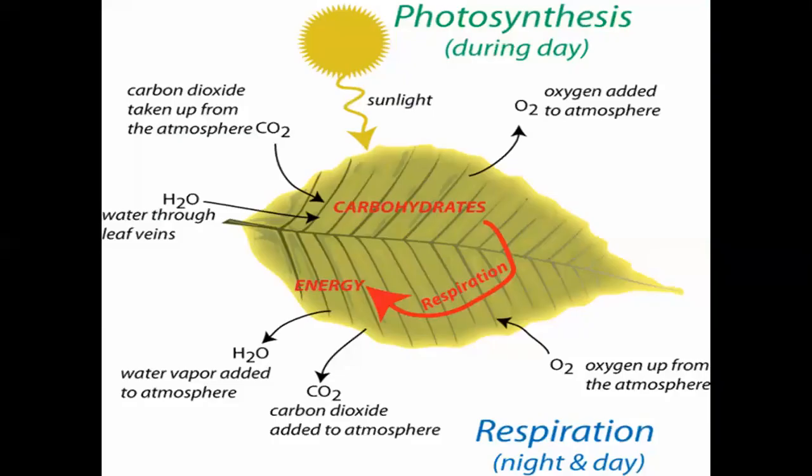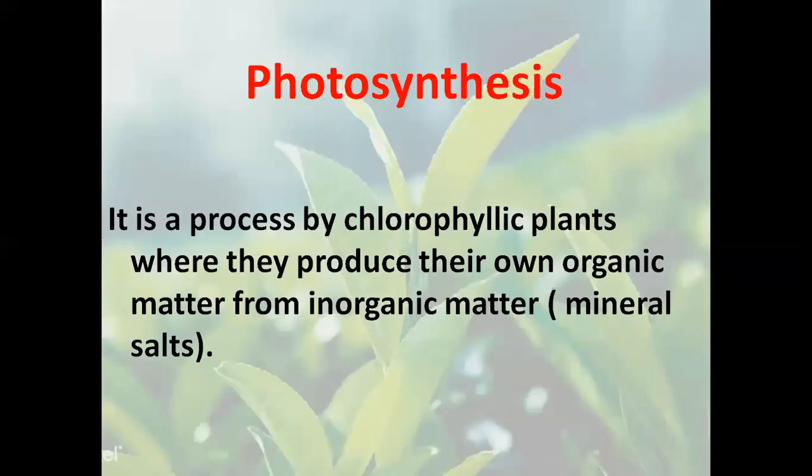Now talking about photosynthesis. Photosynthesis, as we said before, occurs only during the day in the presence of sunlight. This is the food making process, where the chlorophyllic plants produce their organic matter from inorganic matter, from the mineral salts.